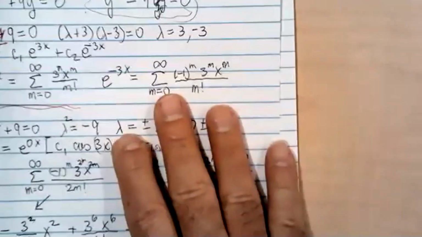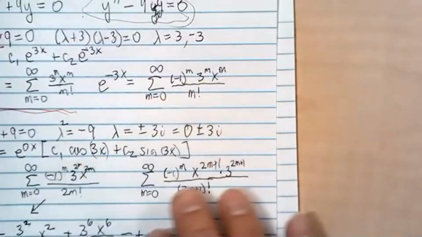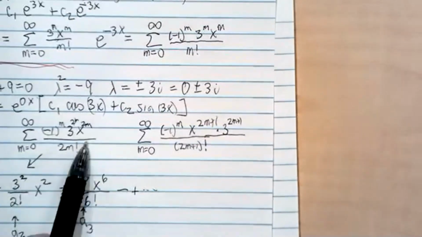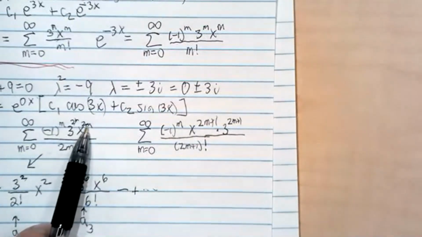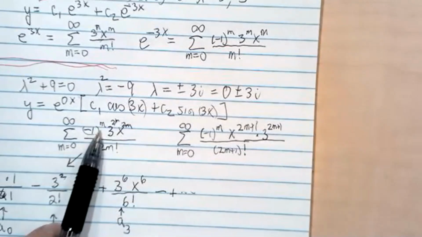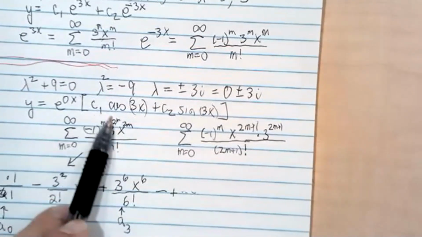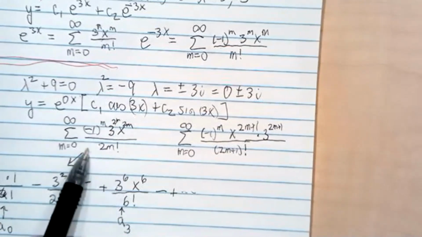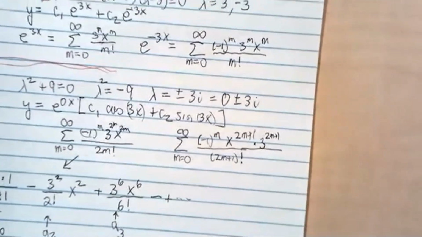I'm generating the coefficients for the cosine series right here. I've got even powers on x, and so these coefficients, if that's x to the 2m, that is a formula for a sub 2m.